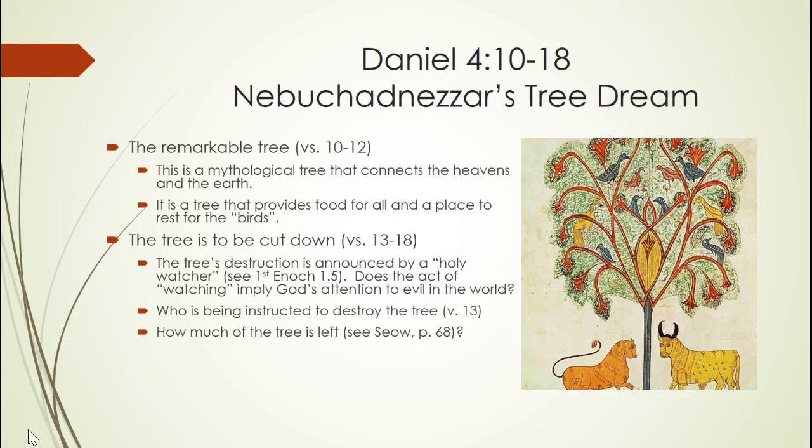So it's kind of interesting to see how he is contending here with the way in which the New Revised Standard Version translators will have that, indicating just how much of this tree is going to be left. So for him, the Aramaic behind this does not mean its stump and roots, but the tip of its root.